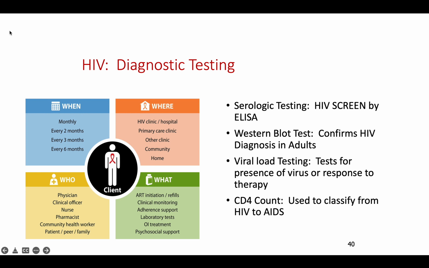It takes about 5 minutes to 30 minutes for a result, and if a patient tests positive with the ELISA test, then we refer them to the healthcare provider for follow-up, okay? The follow-up test is a Western blot test, and the Western blot test confirms HIV diagnosis in adults. This is something that we would do if the ELISA test is positive, okay?